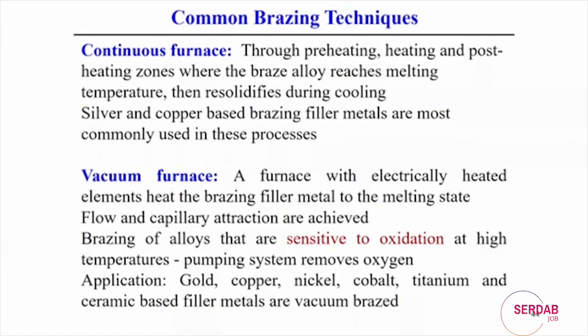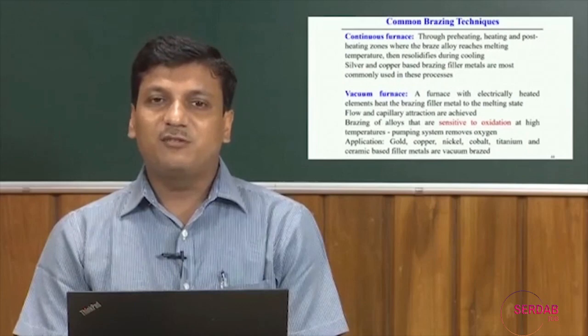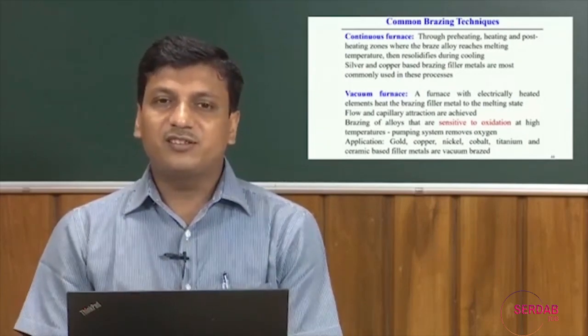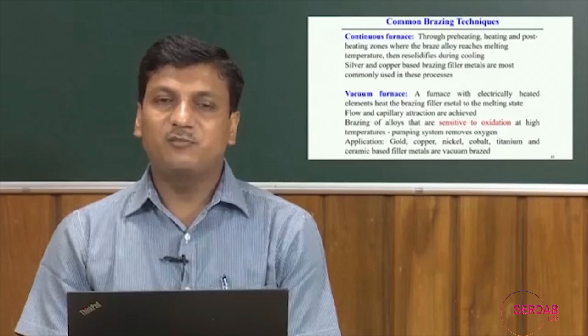Definitely, this process is costly as compared to the other brazing techniques, but certain materials are very sensitive to oxidation, and oxidation normally increases with temperature. To avoid oxidation of the material, there is a need for vacuum furnace techniques to get a successful assembly of the different components.